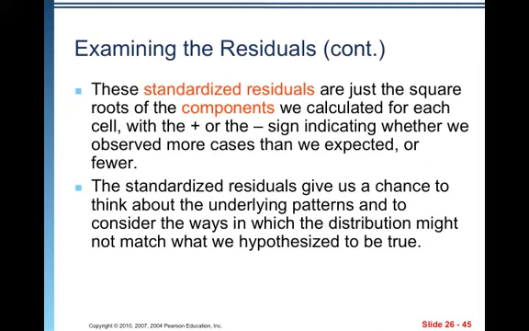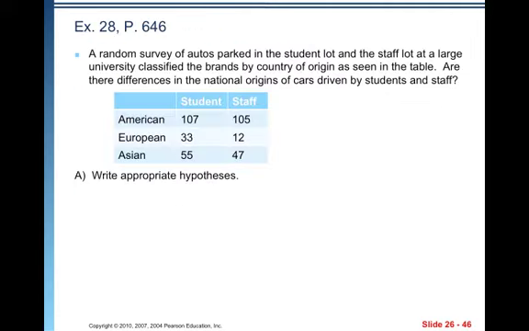These standardized residuals are just the square root of the components we calculated for each cell, with the positive or negative sign indicating whether we observed more cases than expected or fewer. The standardized residuals give us a chance to think about the underlying patterns and to consider the ways in which the distribution might not match what we hypothesized to be true.